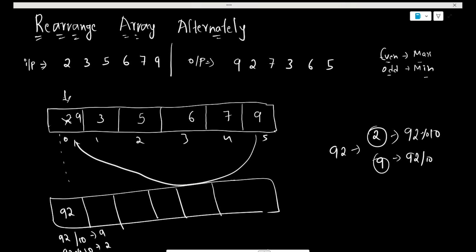Here 92 is calculated and filled, and the same procedure goes for all the elements. Here the entire array is filled with intermediate answers. Here 92 is not the answer. What's the output here? 9, not 92. How to get 9? We divide by the number 10, and we get 9.